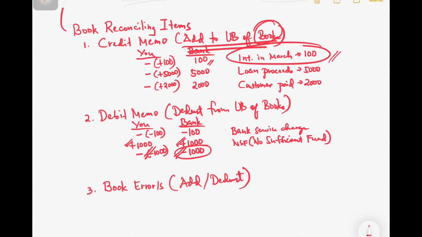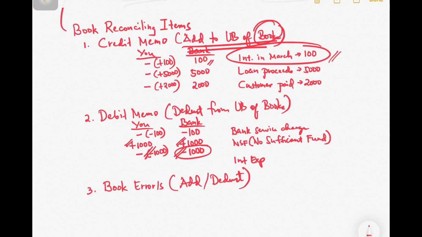That's why it's deducted. Another example for debit memo is your final tax. Because in taxation, whenever you are receiving passive income, meaning you are getting income without doing anything, the government will charge you final tax. And this final tax is withheld right away, meaning taken from you right away.